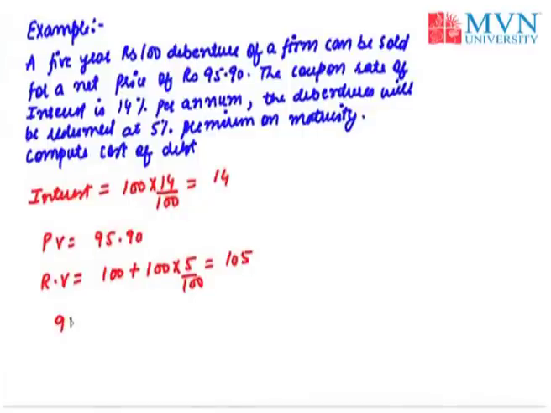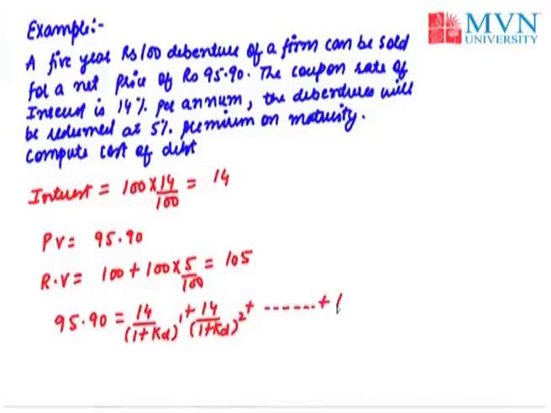So, by using the formula, the present value of debt will be equal to the interest divided by the cost of debt for each of the years for the next 5 years, and in the 5th year the debt is going to be redeemed. Therefore, the value V will be 105 and we are going to discount it with the cost of debt.